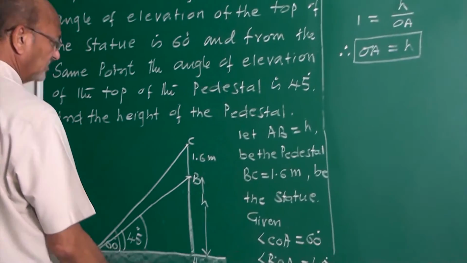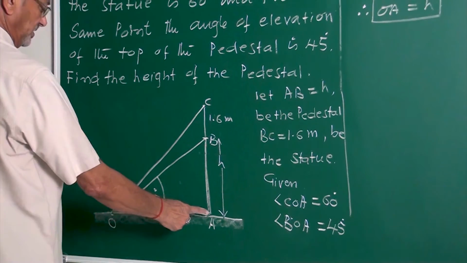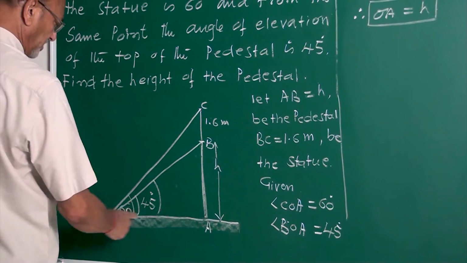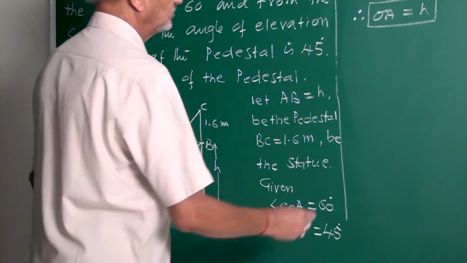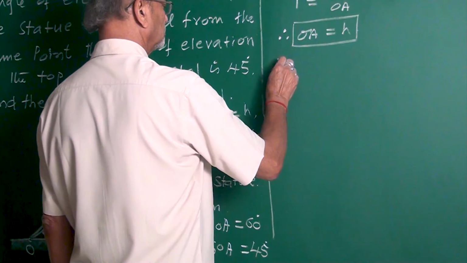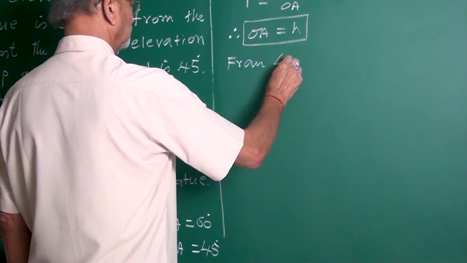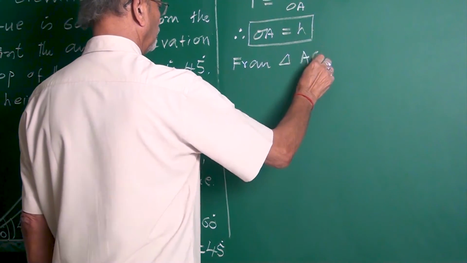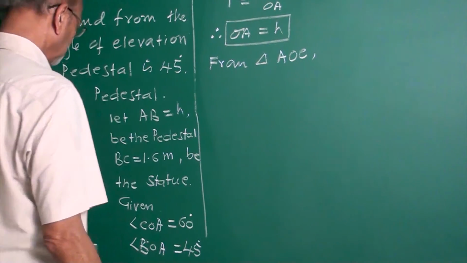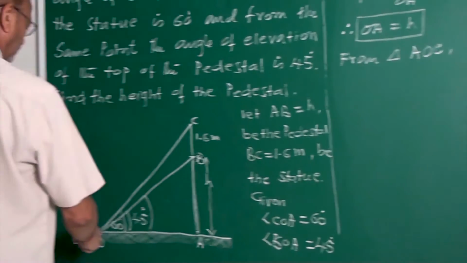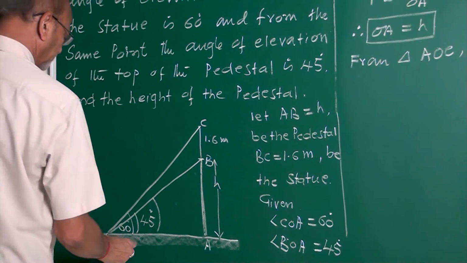Second, from another triangle. What is the other triangle? AOC next. From triangle AOC, you have to take tan 60.